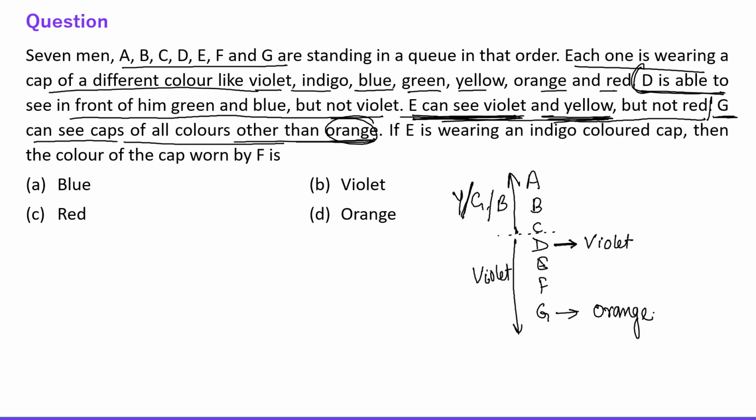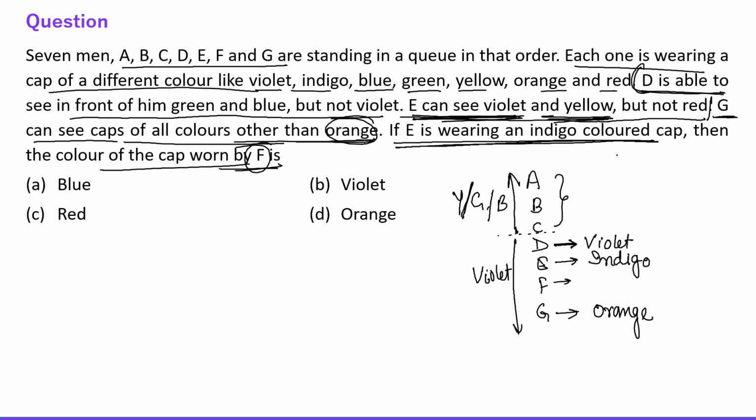Then if E is wearing an indigo colored cap, then the color of the cap worn by F: see, everyone, this is yellow, green and blue, this is violet, this is indigo and this is orange.